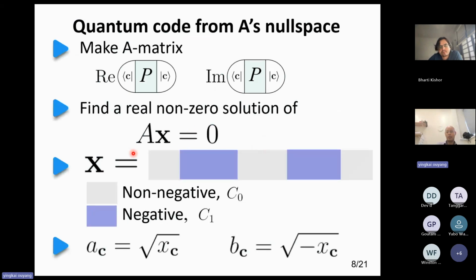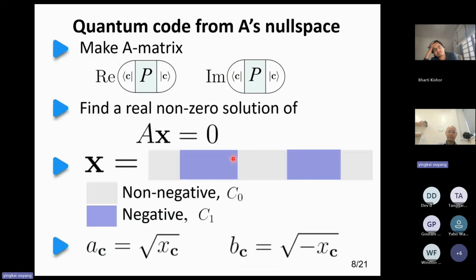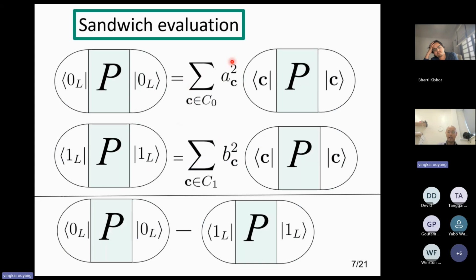a matrix equation of the form AX equals 0. You see, in my non-deformation condition, I require the difference between sandwiches to be equal to 0. So now I want to rewrite the difference of the sandwiches as A times X, where X is basically what I want to solve, and X basically will be these squares of the coefficients that I have over here. I mean, related to the difference between the squares of the coefficients over here.